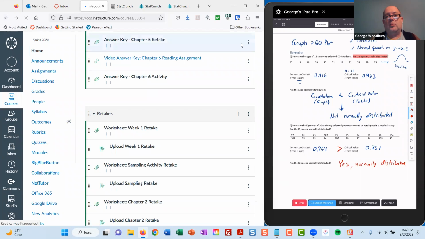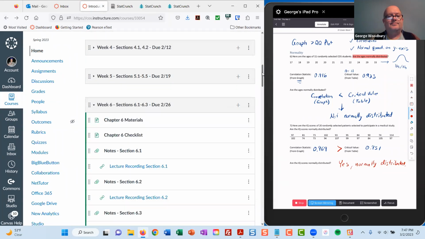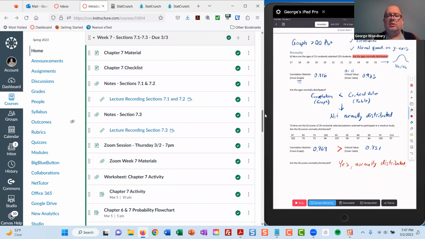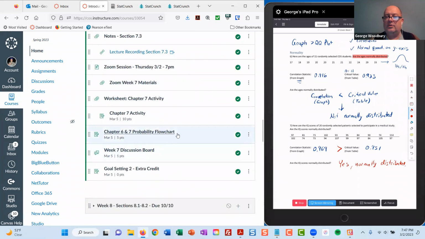Just a couple of things I wanted to point out, thinking about chapter 7. Things are a little different this week. So we still have the regular chapter 7 activity, but you have a flow chart, which is a different assignment than we've seen so far. Last week, I gave you a flow chart for figuring out how to tell if a problem is binomial or Poisson.